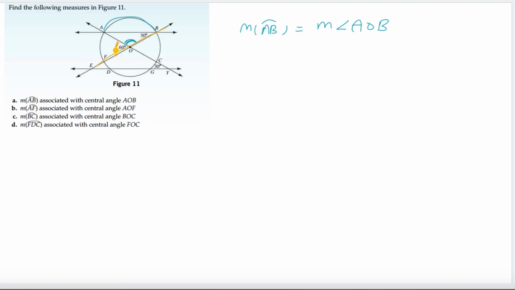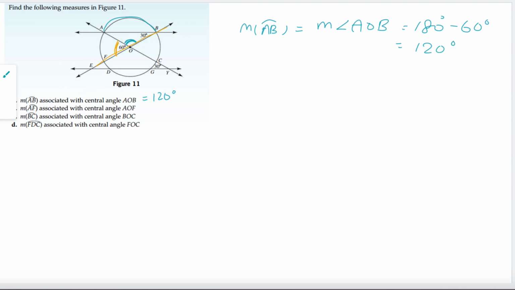So we know 60 plus that, what we are looking for here, should be 180 degrees. So we know that is 180 degrees minus 60 degrees, which is 120 degrees. So measure of arc AB should be 120 degrees.